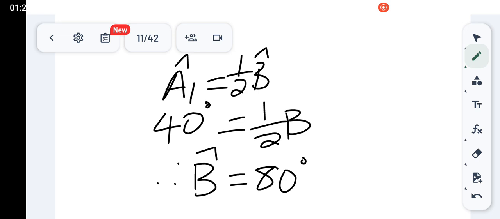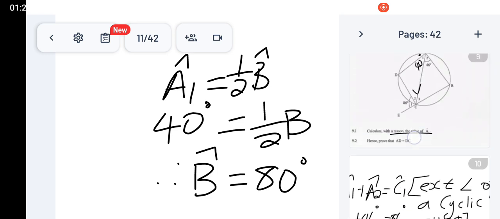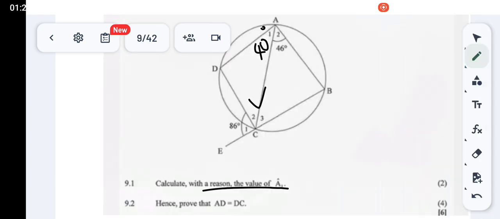Yes, angle B is definitely equal to 80 degrees. With our analysis, we said angle B plus angle D will be equal to 180 degrees because opposite angles of a cyclic quad are supplementary. That's what we said initially.